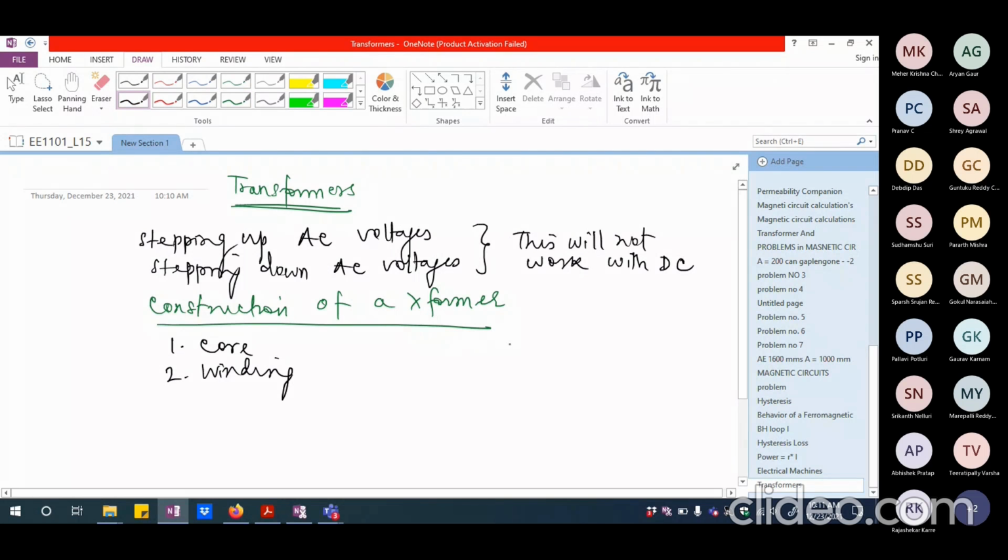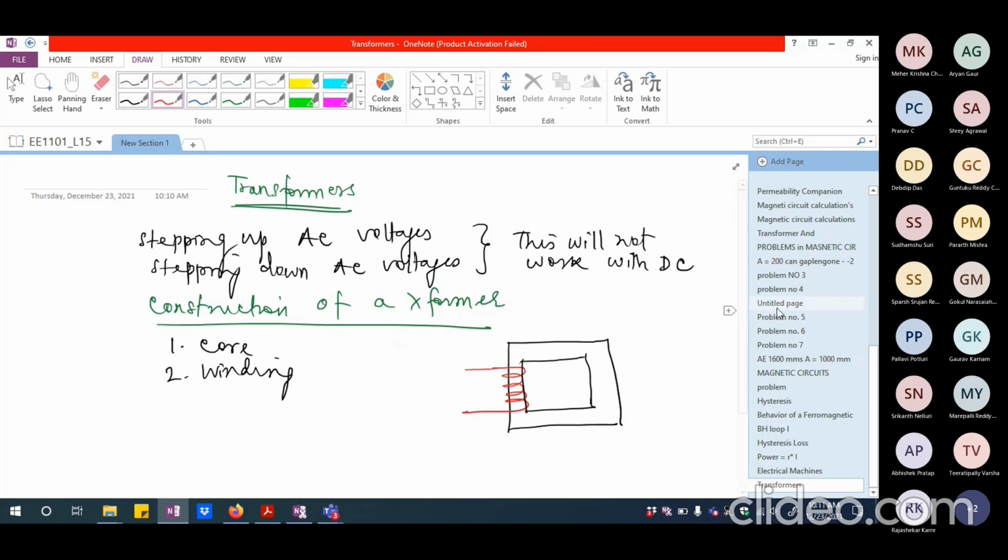So we are going to have the core somewhat like this. I'm just going to show the core as though it is like this. A primary winding may be wound on one side. I'm showing this notionally, basically how the transformer really functions initially.